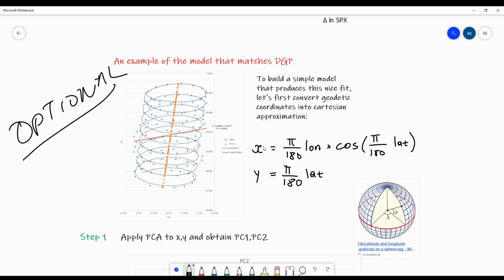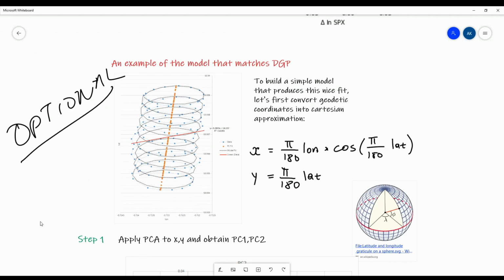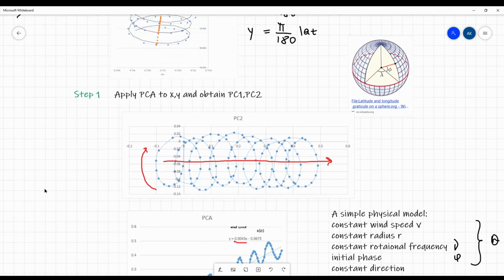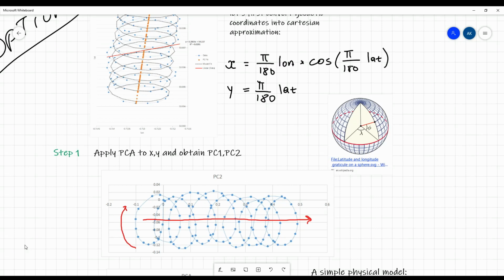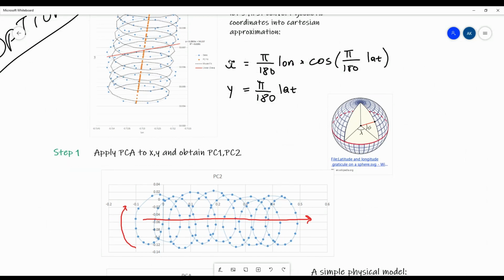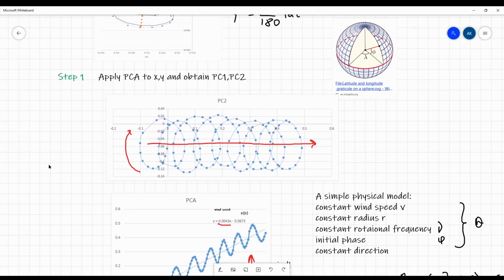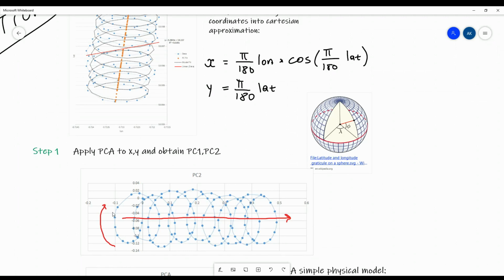Okay, so once we've done that, we got the coordinates in kilometers, or meters if you want, but I did it in kilometers. Now, next we will run a principal component analysis on the x and y kilometers variables, and once we got that, we will draw PC2 as a function of PC1.